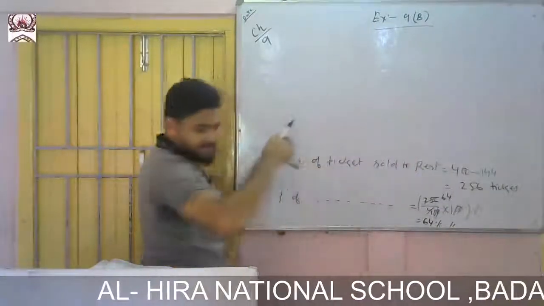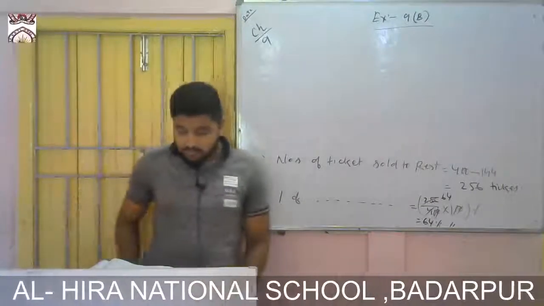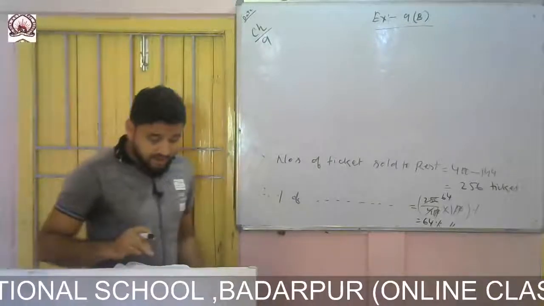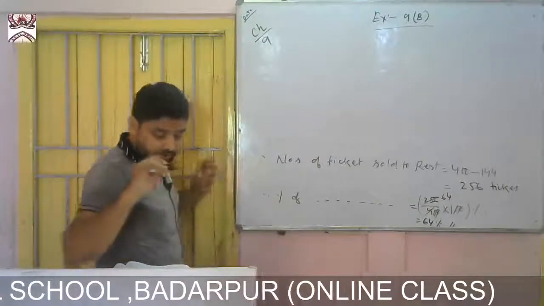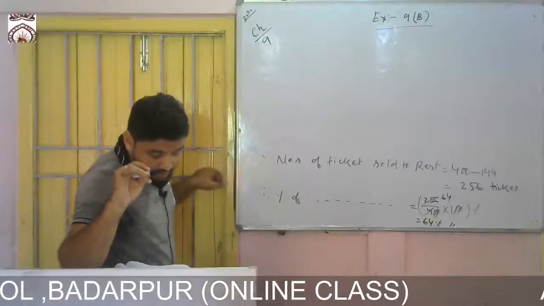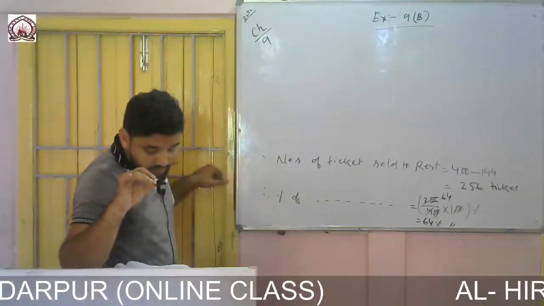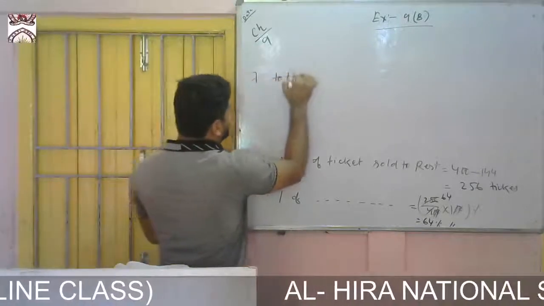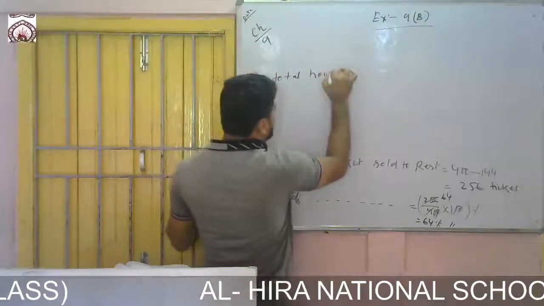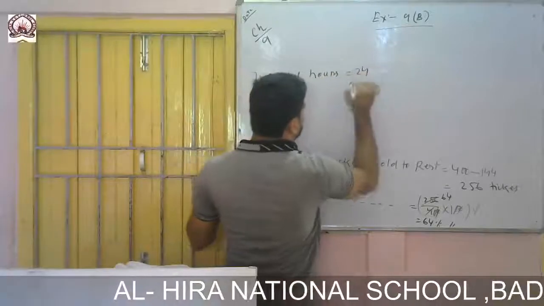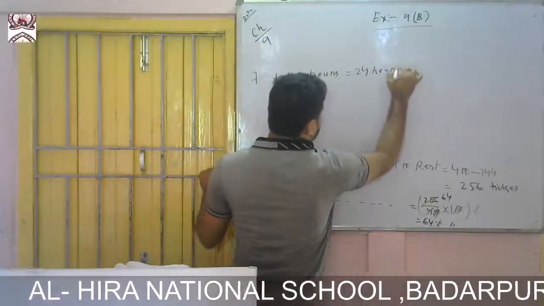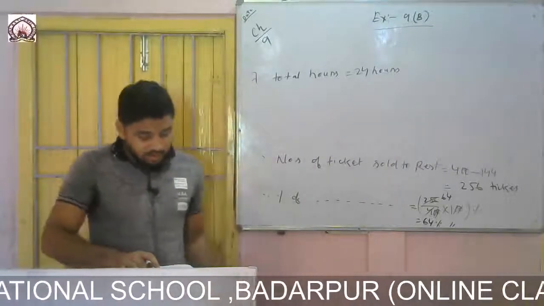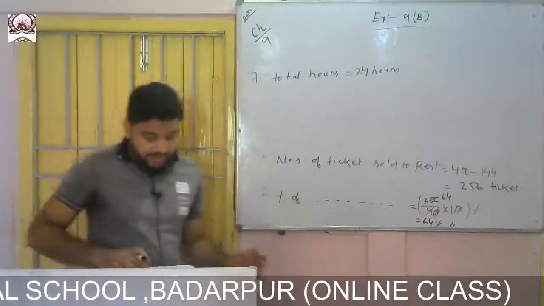First you find the total hours, which equals 24 hours. So out of 24, 7 1/2 hours, what percentage do I need to find?